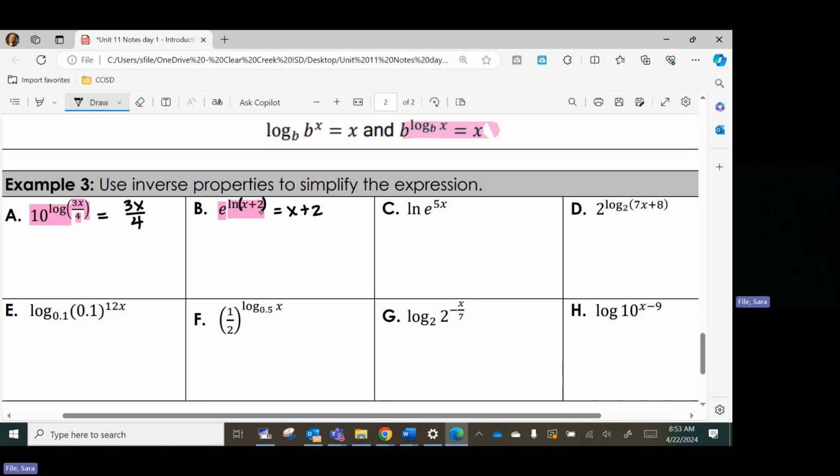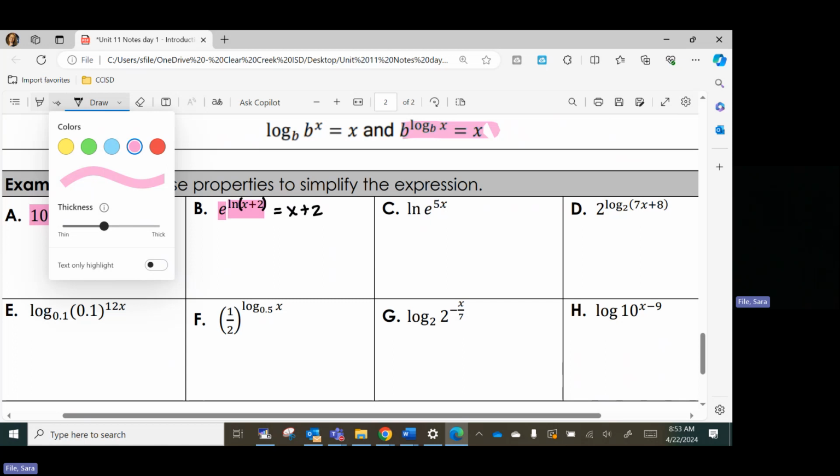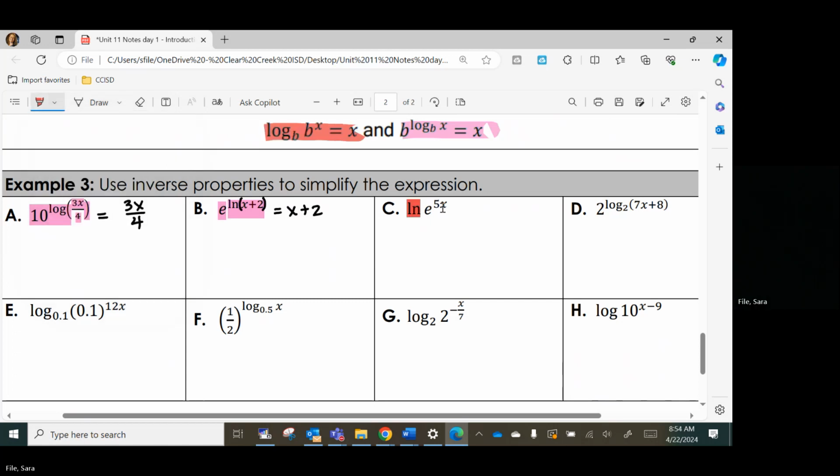All right, now C is not in the same format as those others. It's not an exponential with a log in the exponent. It's a log. So this one matches the format of this one, where we have the log and the base of our log matches what we're taking the log of.